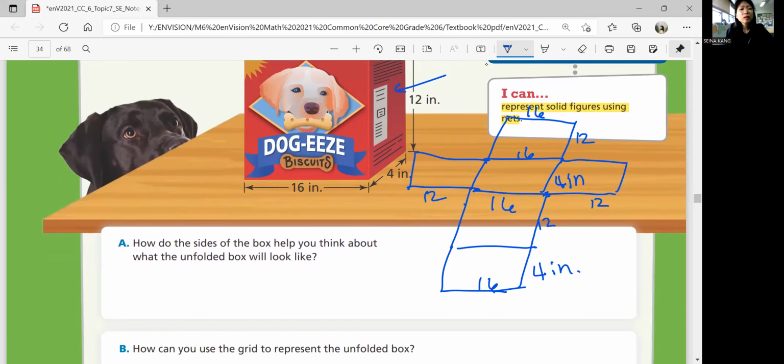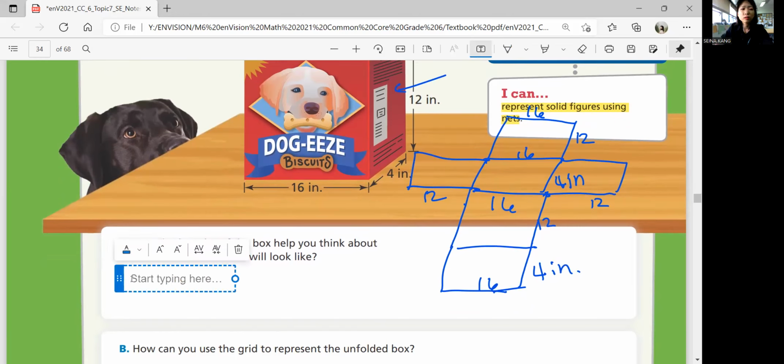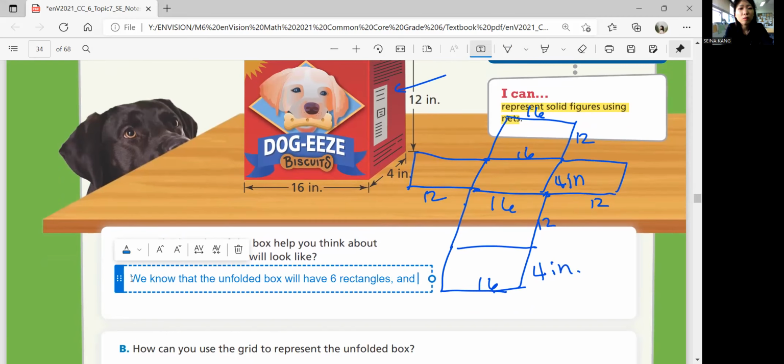So we can say that the unfolded box will have 6 rectangles and we know the dimensions. Let's write that down.